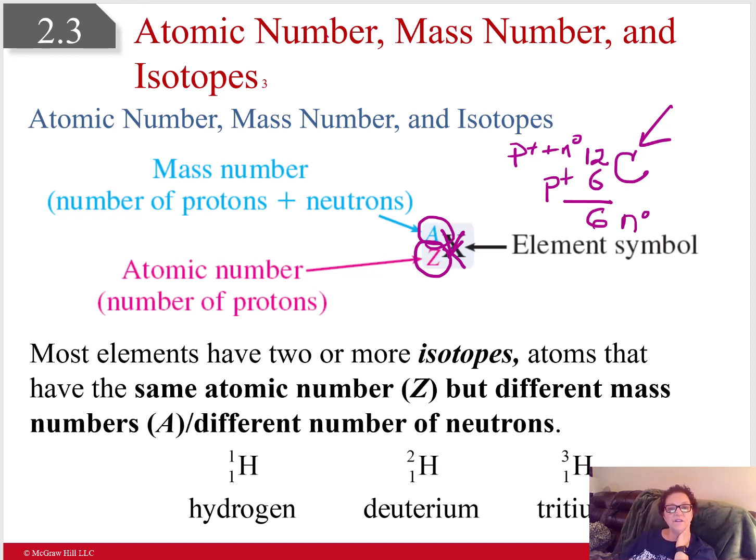Most elements we're going to see have more than one form that occurs in nature, and so we say they have two or more isotopes. Isotopes have the same atomic number, that is the same number of protons, but a different mass number, or different number of neutrons.